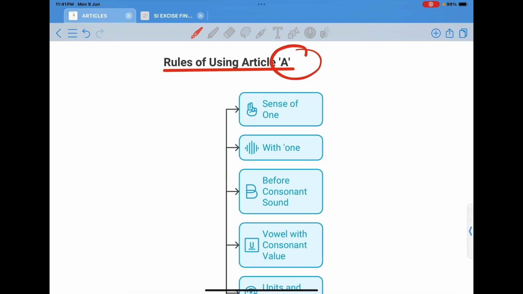So first is in sense of one. When we will be talking about, or when we will give a sense of oneness, means single, that time you will use a. For example, he could not speak a word to save himself.